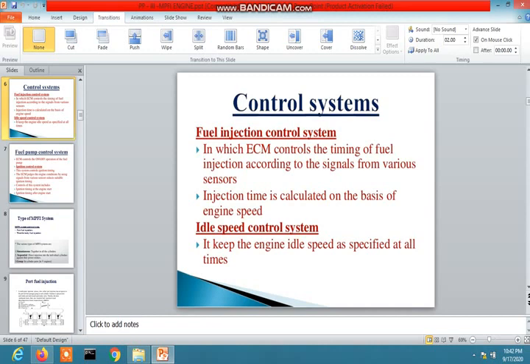Idle speed control system: when the engine is in idle position, the ISCV valve is open, so it keeps the engine speed at idle.